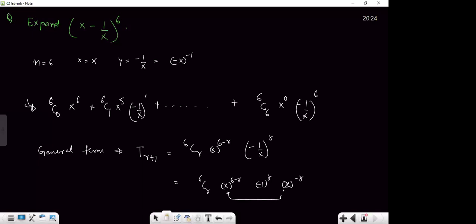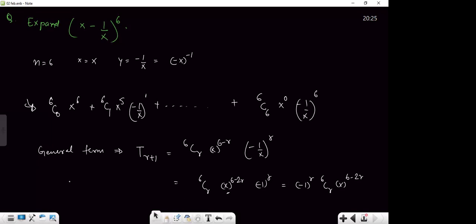The base is common here, so the powers will get added. So 6 minus r minus r becomes 6 minus 2r. So minus 1 raised to power r, 6Cr into x raised to power 6 minus 2r. This is the general term.